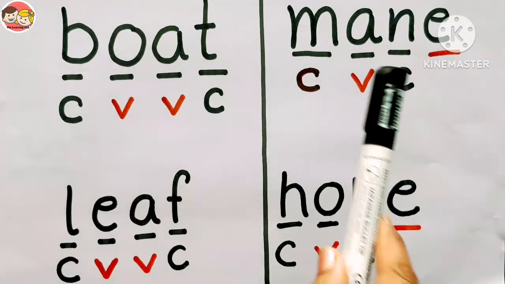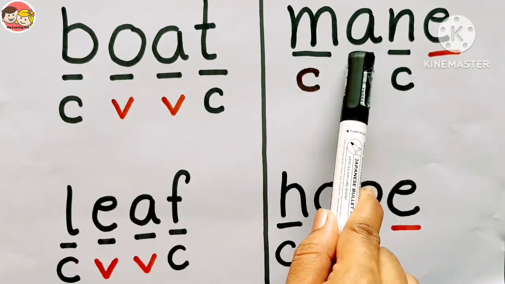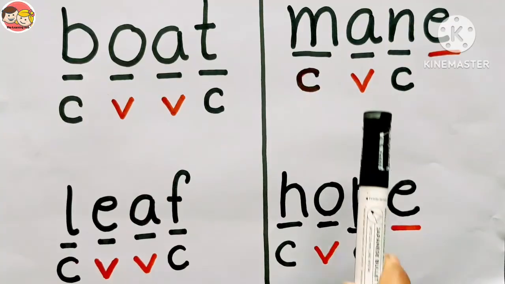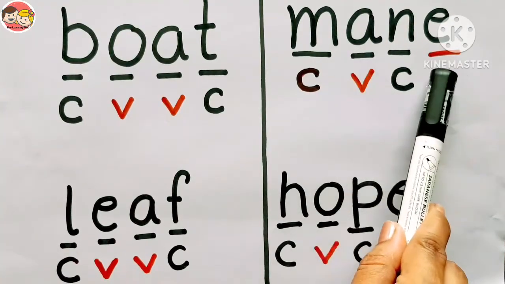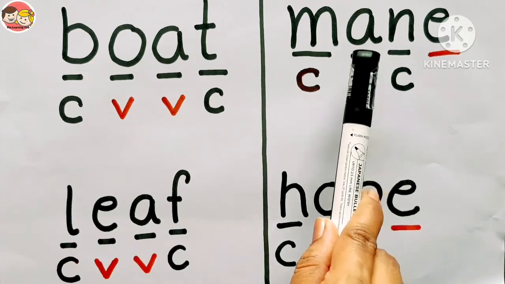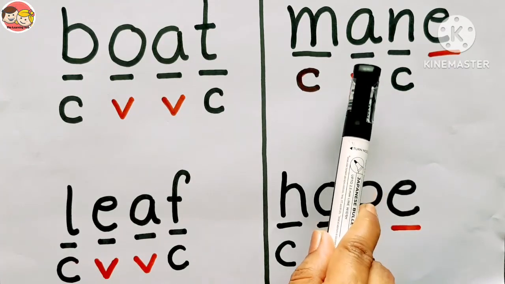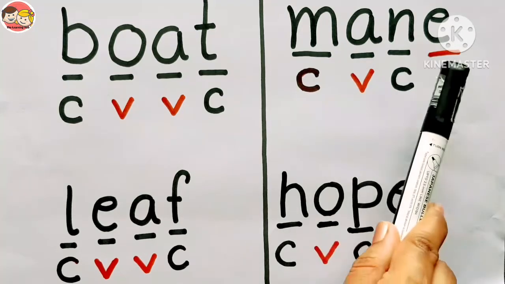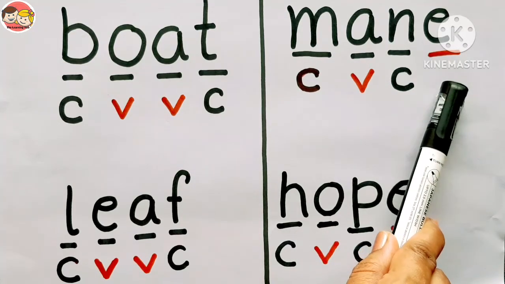For example, M-A-N-E. There are two vowels, A and E. The first or middle vowel is A. So the first or middle vowel will be a long vowel sound and E will be silent.